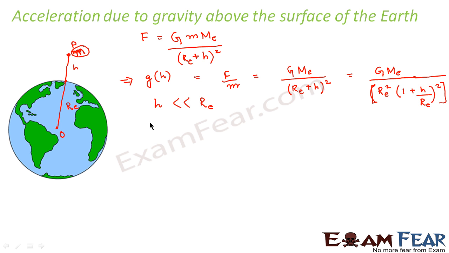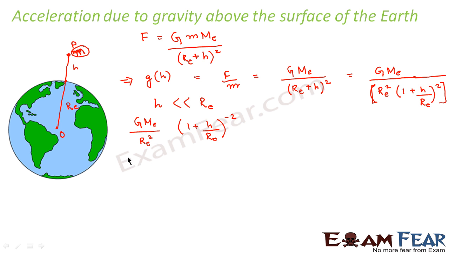How do we apply the binomial theorem? We can write the above expression as G M E divided by Re square, which you leave as it is, into 1 plus h by Re to the power minus 2, because I took it to the numerator. Now since h is very, very less than Re, this entire term h by Re will be very much less than 1, a very small term. So we can expand it binomially.